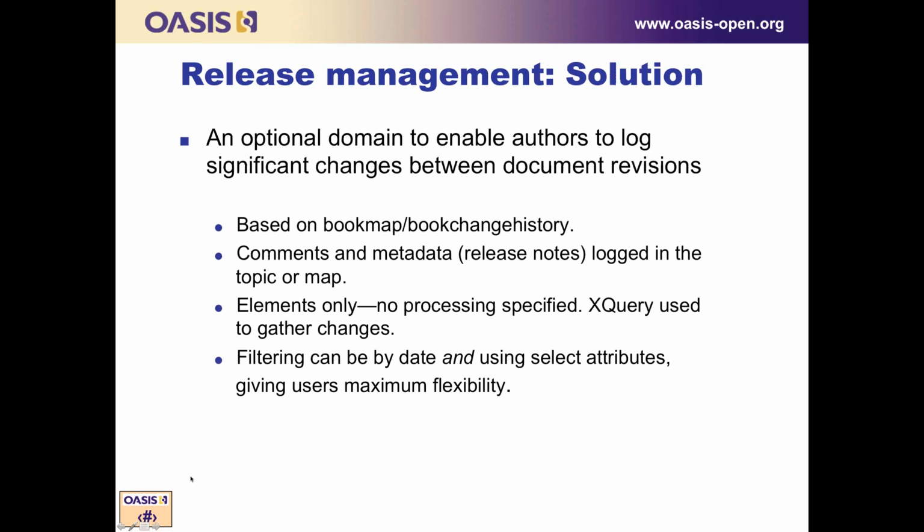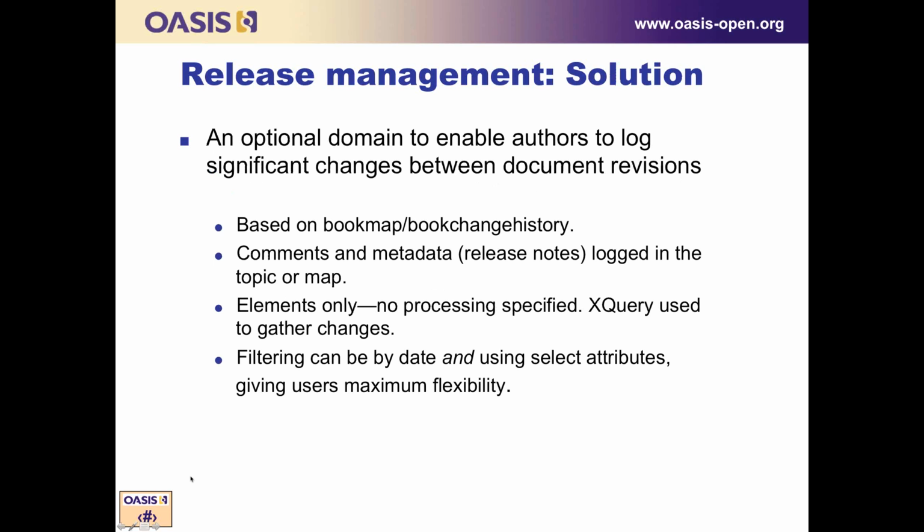The solution that we have is the release management domain. This is an optional domain that allows content workers to record release notes for the changes that they make, so they can discriminate between improvements or changes that are not mandatory for the customer to read and changes that are required.